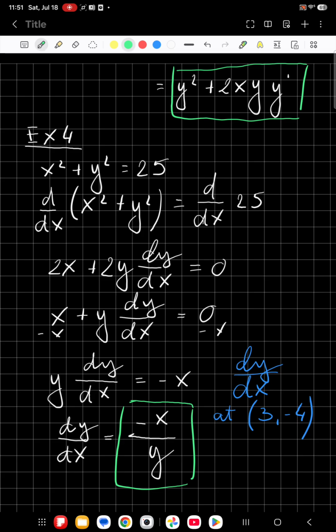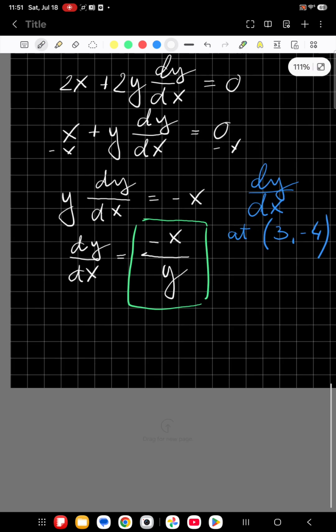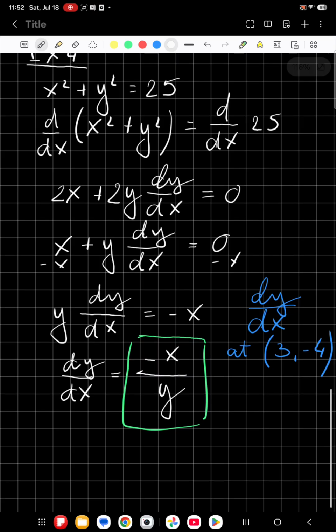So let's use it for our point. The point is (3, -4). So dy/dx: I have negative x, so negative 3, and now divided by negative 4.